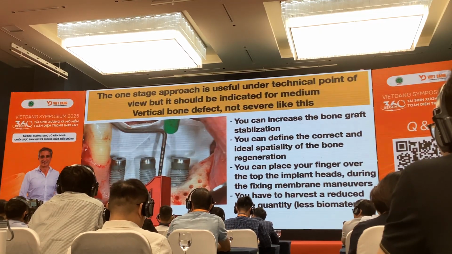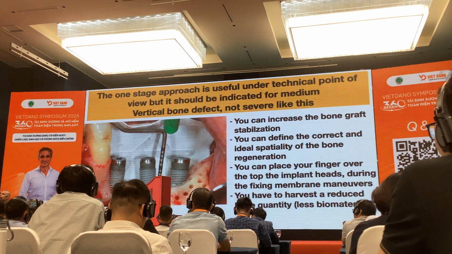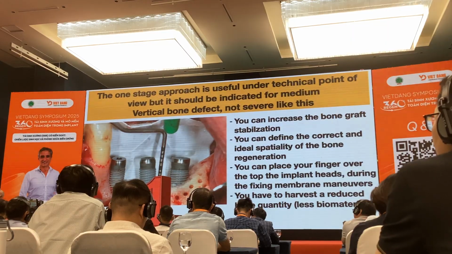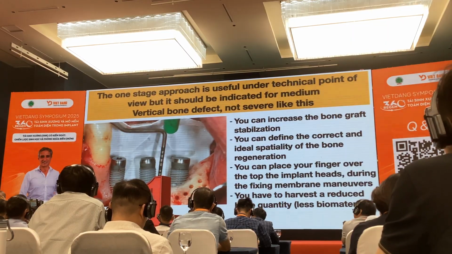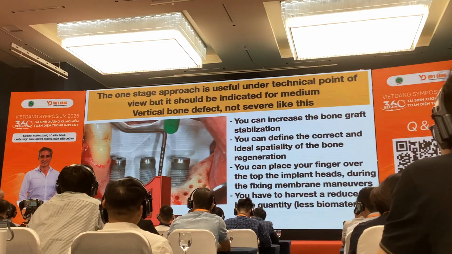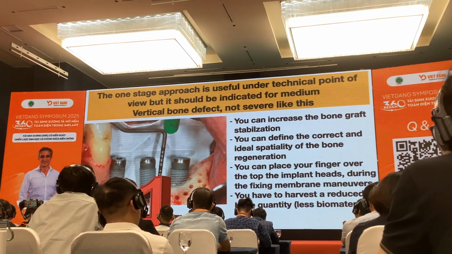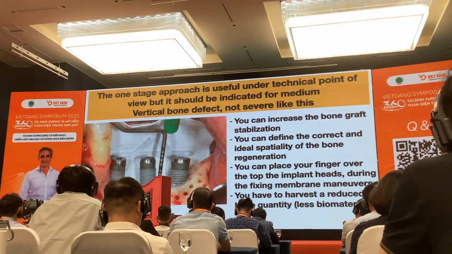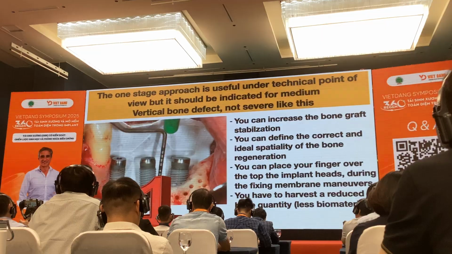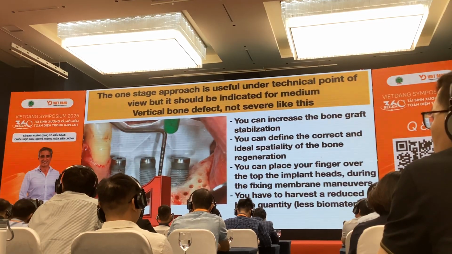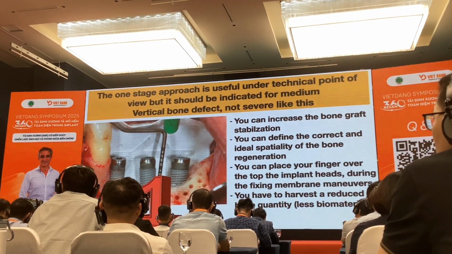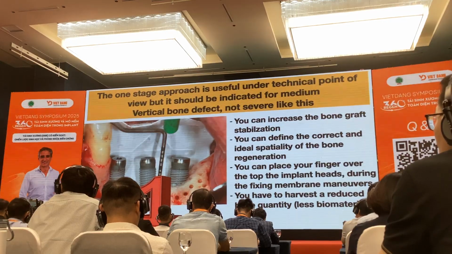Oh my God, in 2025, Marco said, if you have the implants, you help. Without the implants, it's very difficult. And then you have to harvest a reduced bone quantity, because a part of the volume is filled by the presence of the implants.